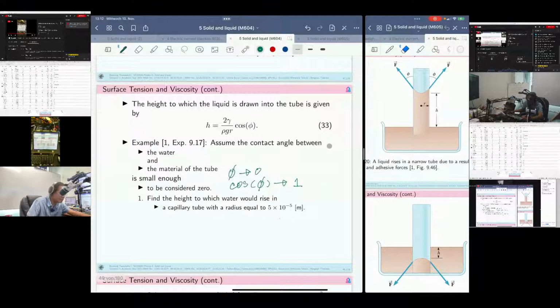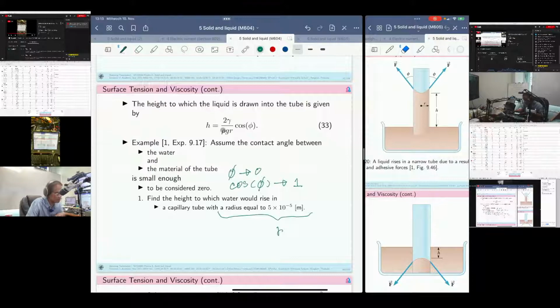So what is that? It is R, right? R in this figure, which is measured from the center of the capillary tube to the wall of the capillary tube. All right, this is R. We know R, we know g, and rho, right?